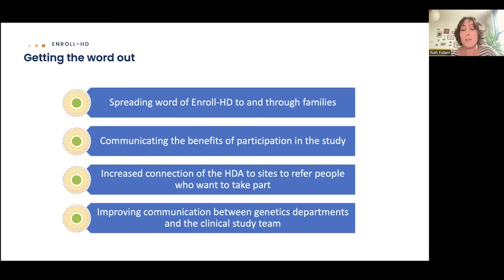We ask for people's time and their energy when they come to these visits, and we don't take it lightly, but we do feel that it's worthwhile, because it is one of the major things driving HD research.